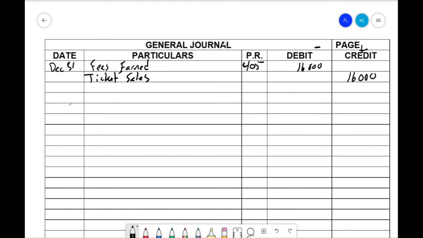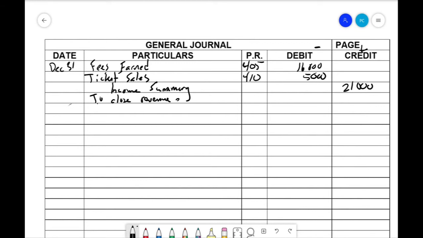That is 410, and that's 5,000. So the income summary account would be credited a total of 21,000, and that would be to close revenue accounts.